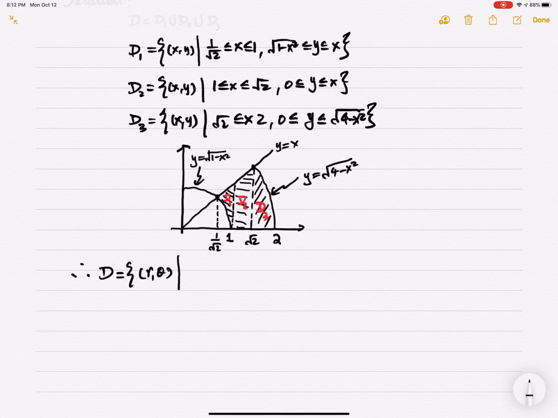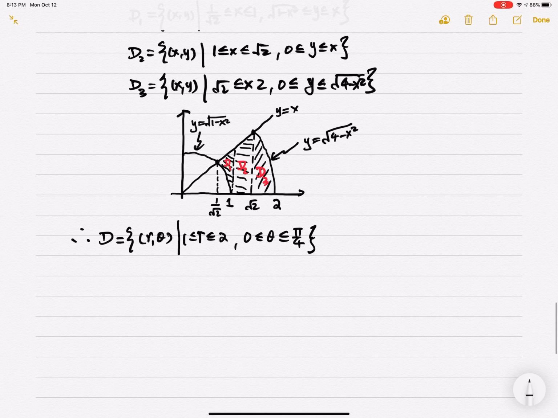You can describe it as r between 1 and 2, and theta between 0 and pi over 4. So if you change it to polar coordinates, it's fairly simple.